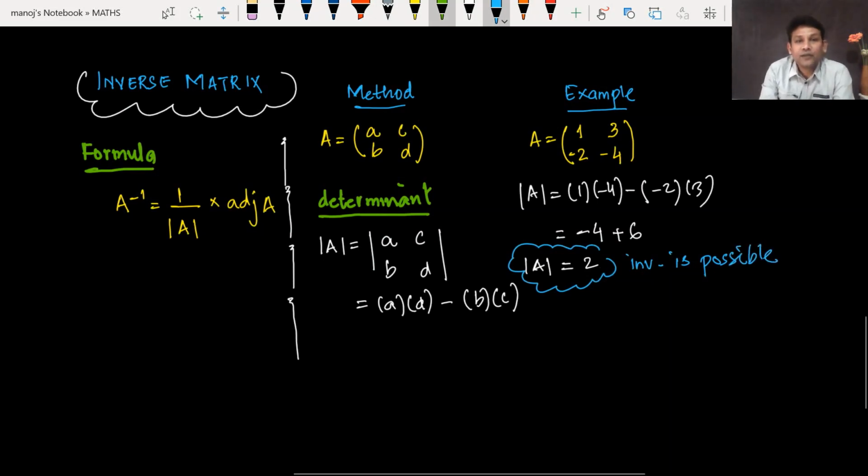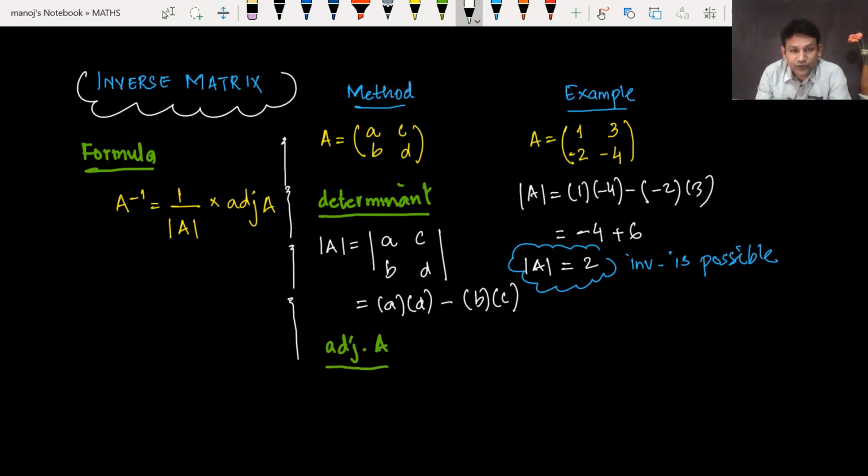Then I am moving to adjoint A. How we can find the adjoint of A is very simple. When you want to find the adjoint of any matrix, you have to use this method.